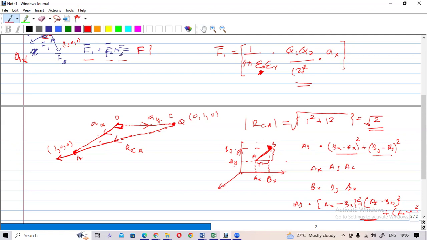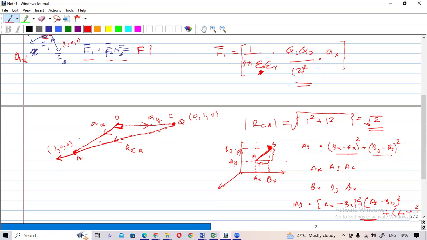At that time, keep in mind that if you are given two locations and want to find the distance, you subtract the corresponding x, y, z values, square them, and find the square root. That is how you can find this distance. Here also you can use the same way.